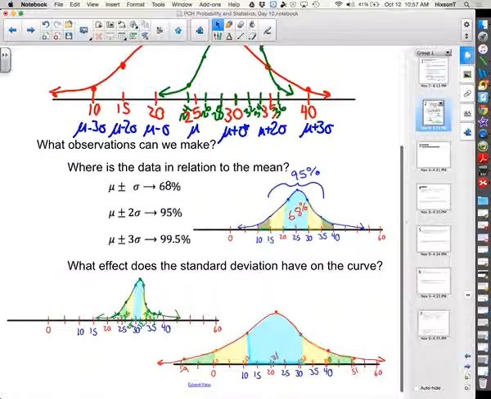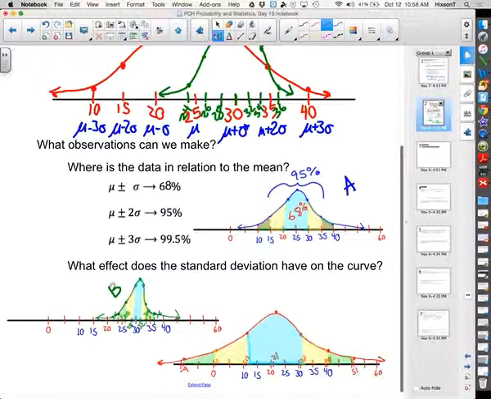Here is the one where our mean was 25, the first one that we did. Okay, that's A. And then here's B, the one that we just did. And then here is C. Let me change these because we did A in red and C was in blue up there.